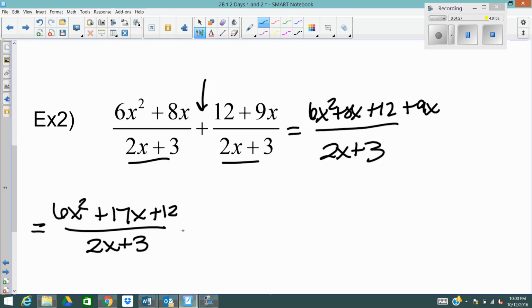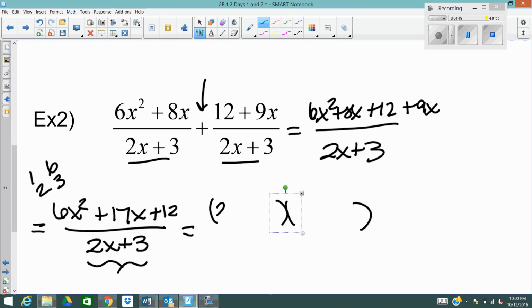And now it's just like a problem we've been doing. Let's see if this thing simplifies. So let's factor that. No common factor, so nothing I can factor out, which means I'm going to have to use guess and check. Whenever you have a denominator, guess that first. So my possibilities for 6x squared are 1 and 6, 2 and 3.